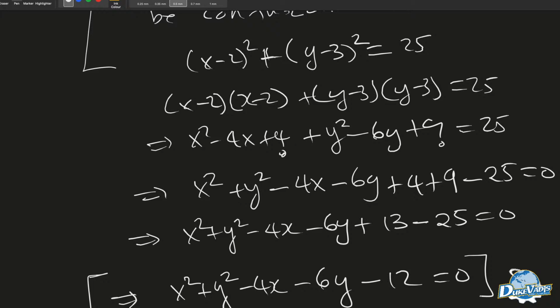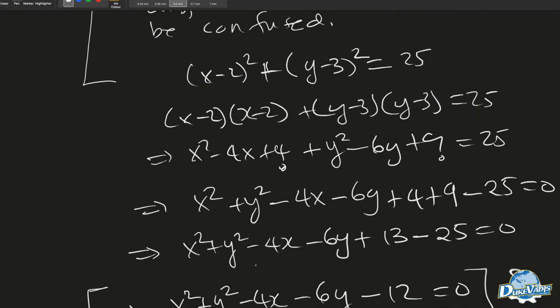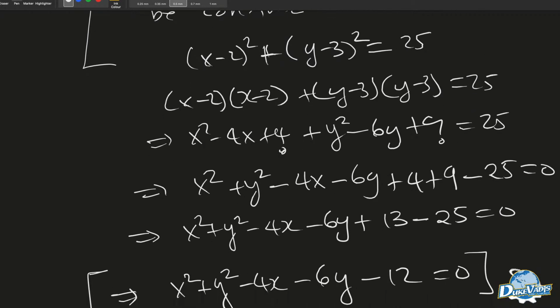So now you see this equation, and the one that is x minus 2 squared plus y minus 3 squared is equal to 25 are the same.